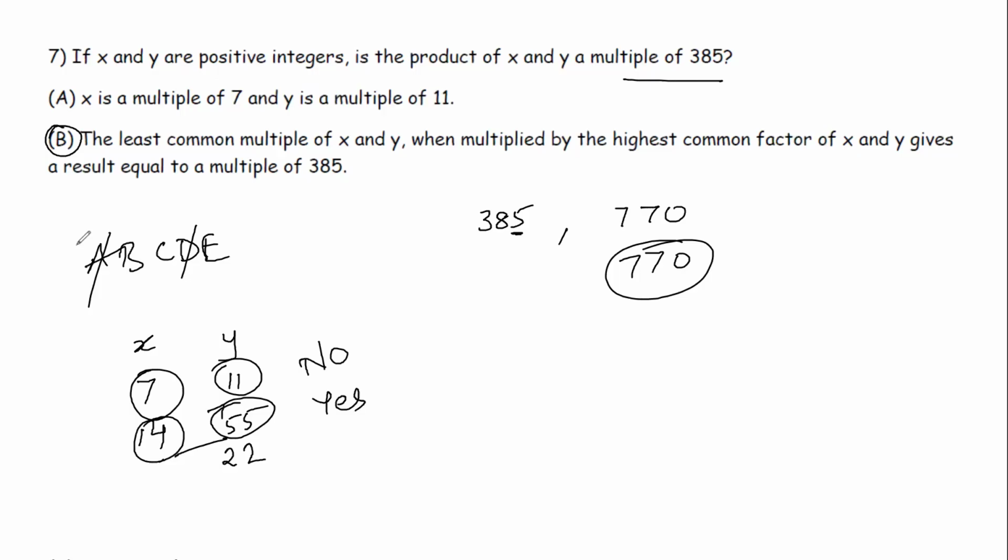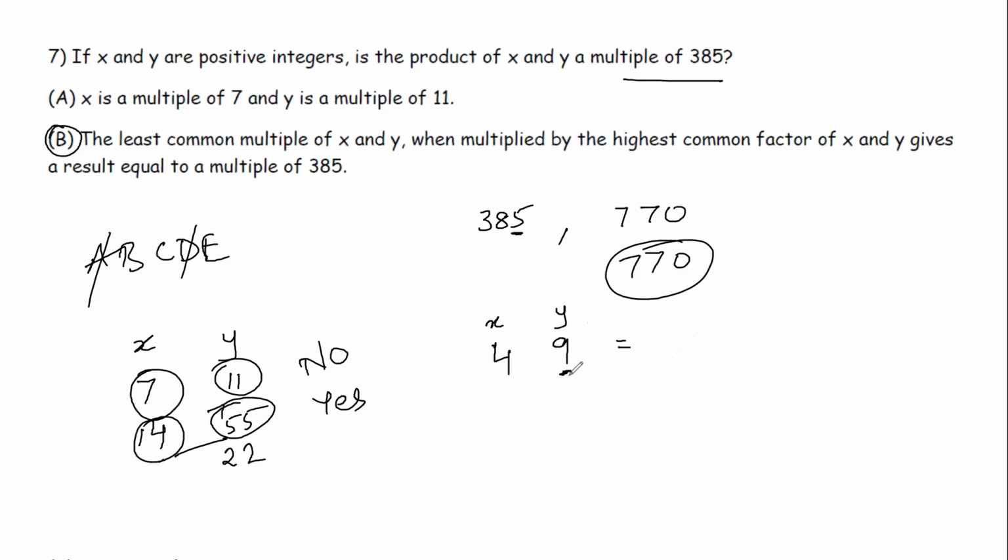How? It's based on a property. I'll give you a small example. Suppose you took 4 and 9. Let's say this is x and y. What is the least common multiple of x and y?